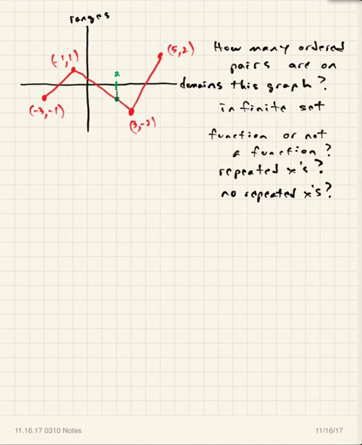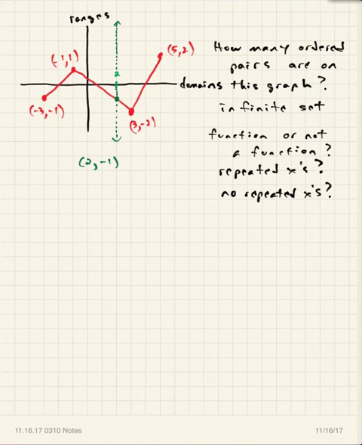And what does this graph do? It assigns 2 to the y value -1, like I've got right there. So how many y values did 2 get assigned to? It just got assigned to 1, right? Notice if you look up the graph, you don't see the graph anywhere. And if you look down, you don't see the graph anywhere else. You do see it at that one point at -1.